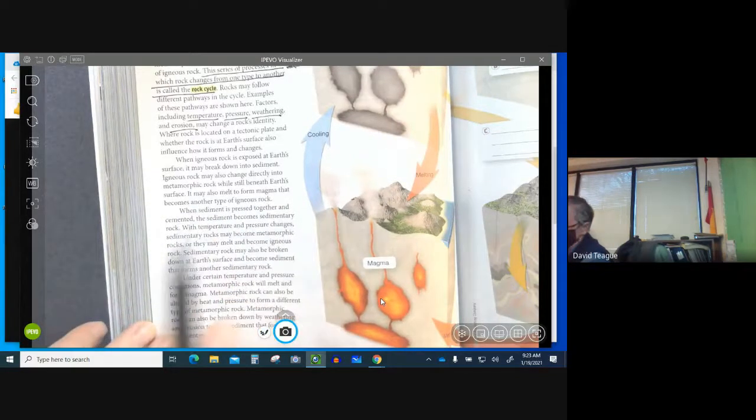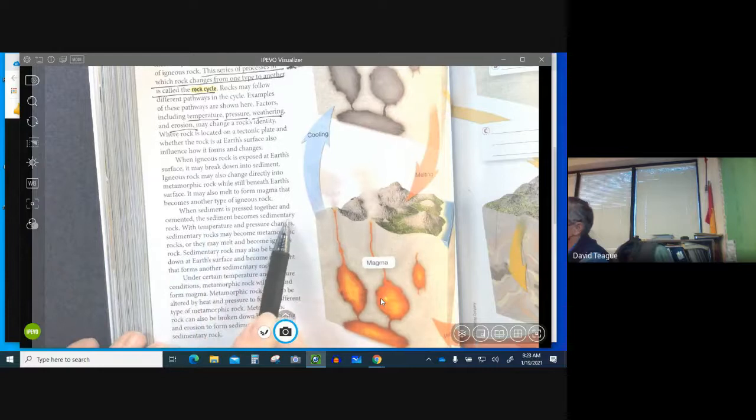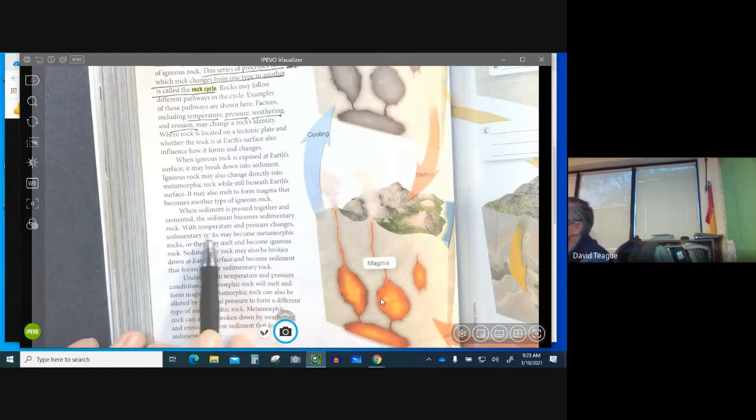When sediment is pressed together and cemented, the sediment becomes a sedimentary rock. With temperature and pressure changes, sedimentary rock may become metamorphic rocks, or they may melt and become igneous rock. Sedimentary rock may also be broken down at Earth's surface and become sediment that forms another sedimentary rock.